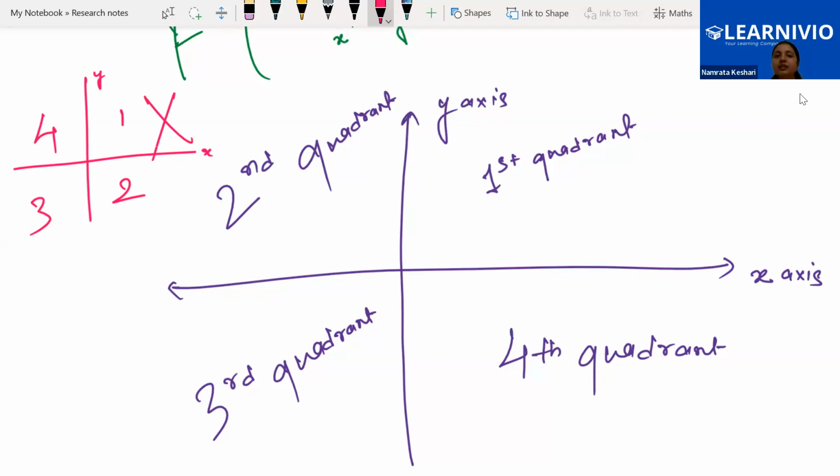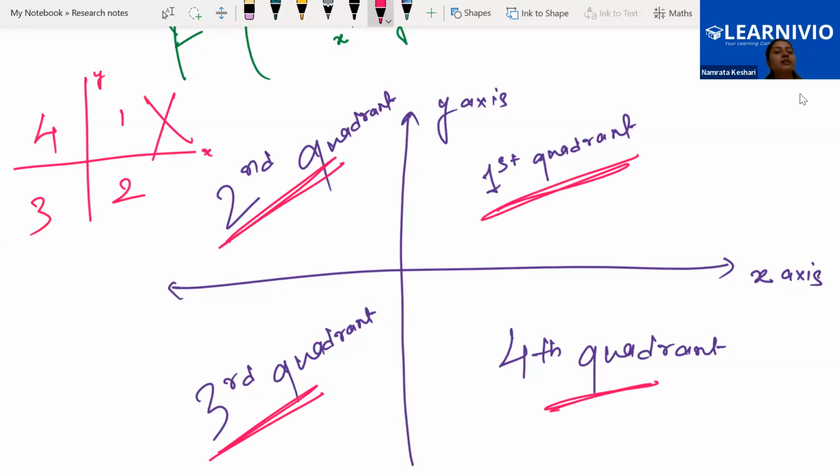See carefully the way I have written: this is 1, this is 2, this is 3, and this is 4. Always write the quadrants like that. A specific name is there for a specific quadrant, and in that direction only we have to move. First quadrant, then left, second quadrant, then down, third quadrant, then again right, fourth quadrant. This is how we name it.